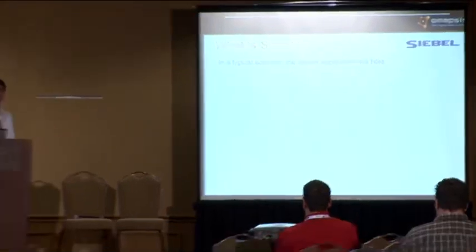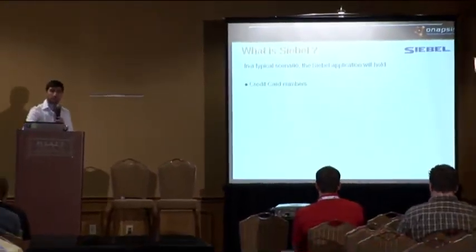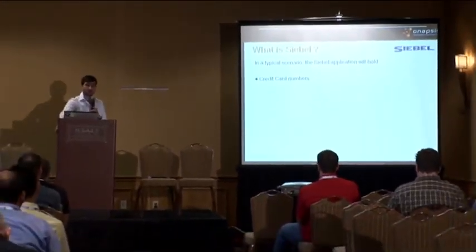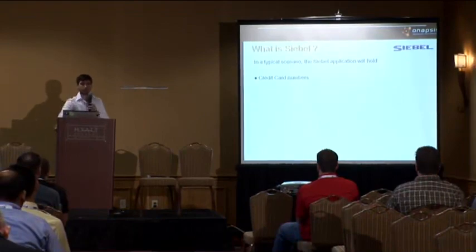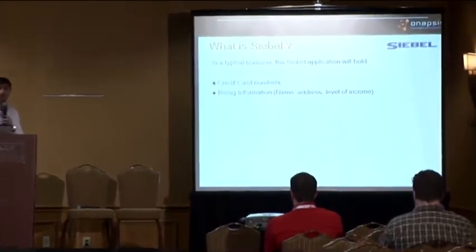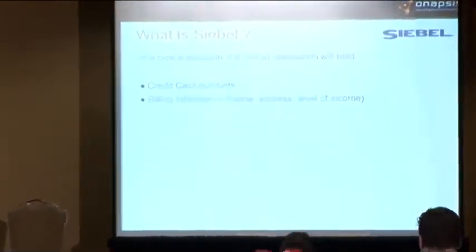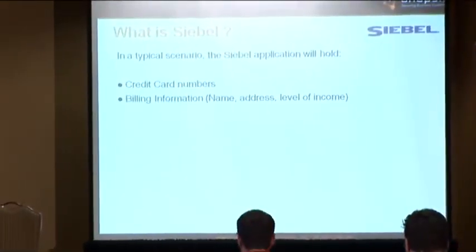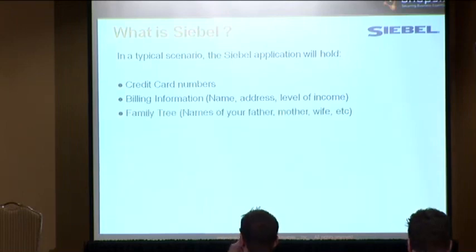So what can we find in Siebel? We can find credit card numbers, which are more related to purchases made by clients. Billing information, the name of the client, the billing address, the level of income, all this data is cataloged in Siebel systems. Family tree, I mean, who is the mother of the client, the father of the client.